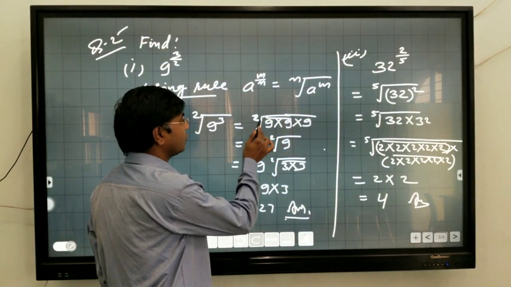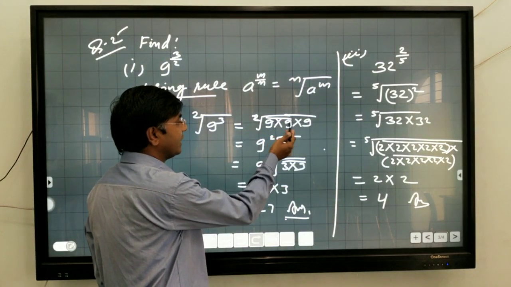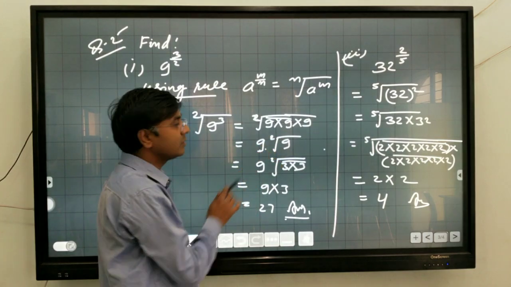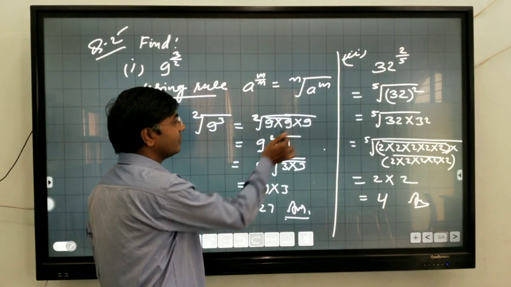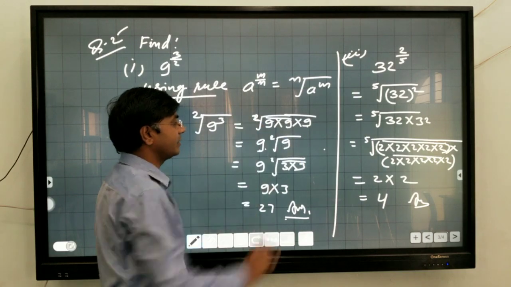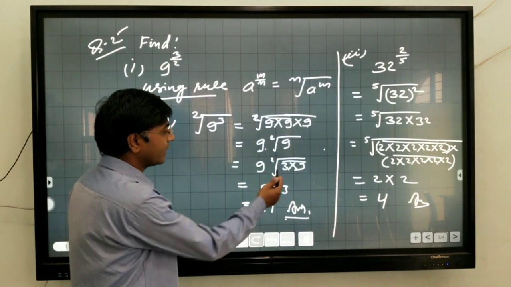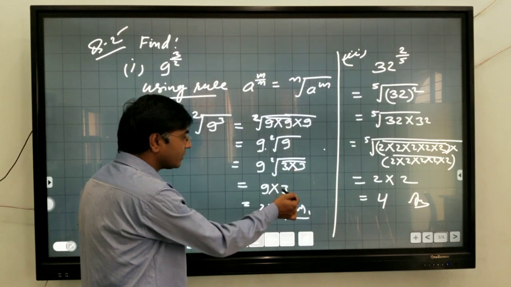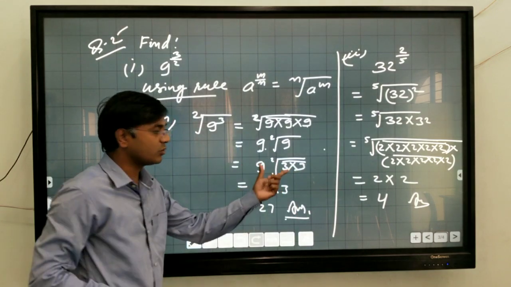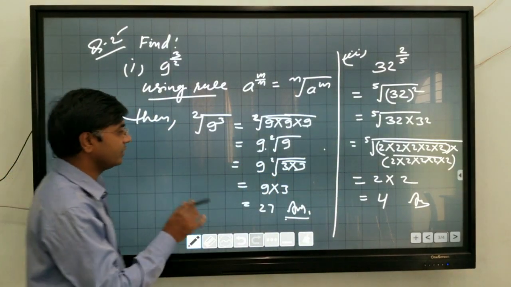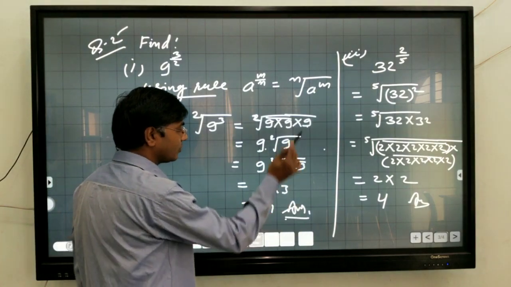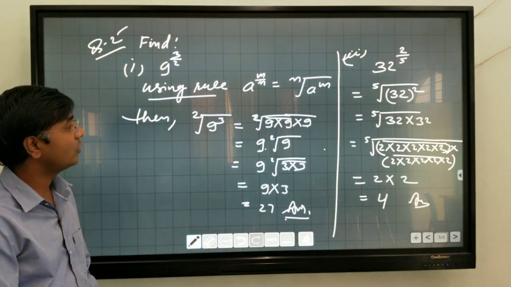Because there is power 2, we make pairs of 9 into 9. One pair will come, only 9 comes out, and this 9 is here. Now further this 9 is expressed as 3 into 3, and only one 3 comes out because it is a square root. So 9 threes are 27.